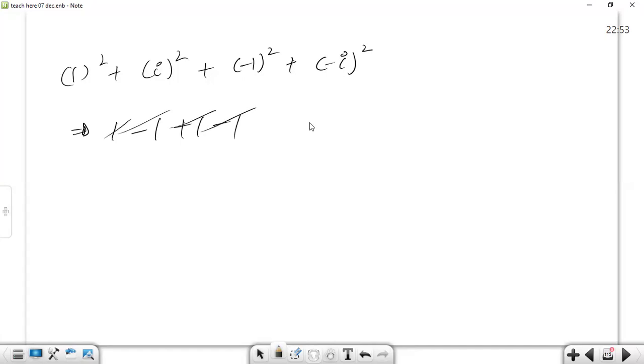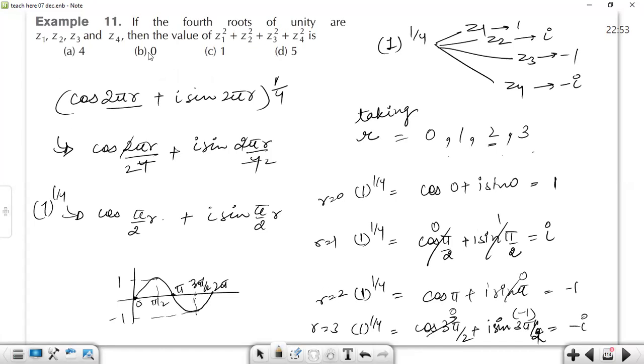So this becomes 0 and our answer should be B. Any doubts anyone? This was very simple. Any doubts? No doubts?